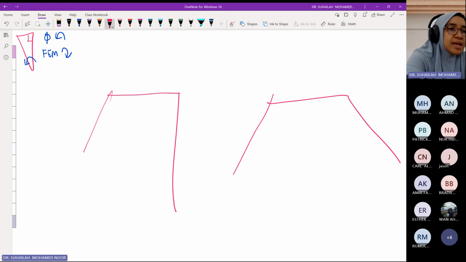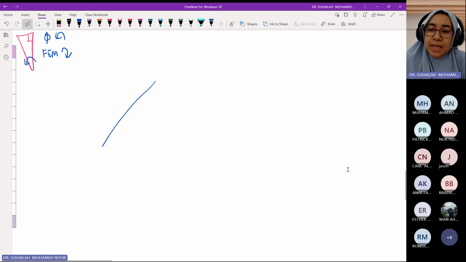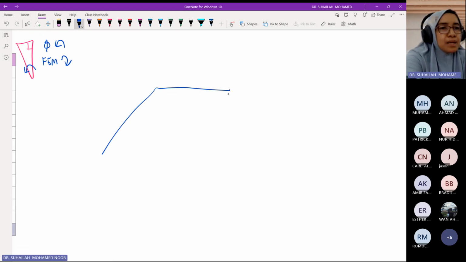Okay, let's say kita tengok satu frame. Ini konsep. Okay, ni kolom. Kolom ni dia tak mesti vertical tapi beam dia mesti horizontal. Okay, kolom dia tak mesti vertical. Tetapi beam mesti horizontal. Okay, ni kolom AB. Ini beam BC. Yang ni kolom CD. Saya buat cantik sikit lah. Pakai ruler.